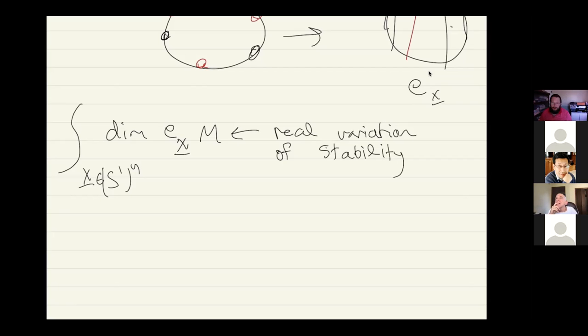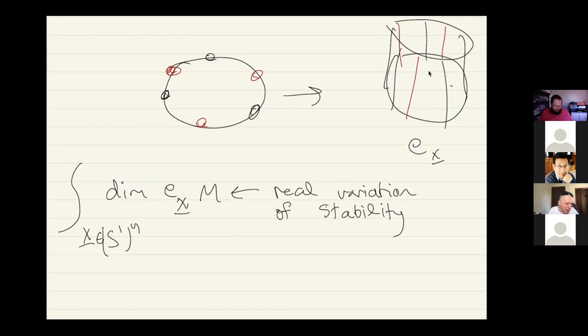The wall crossing functor, when you hit a wall, is a perverse equivalence where the layers of the perversity are your order of vanishing as you hit the wall. In this picture, hitting a wall means moving two of these red points together. So this function varies depending on where you put the red points.